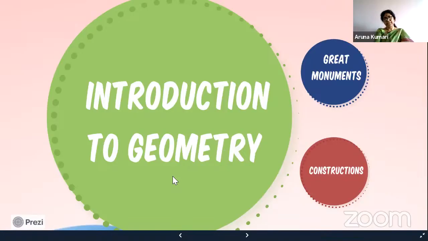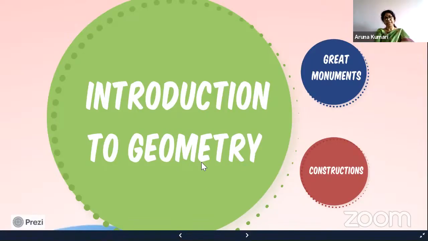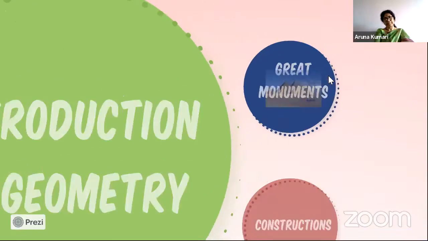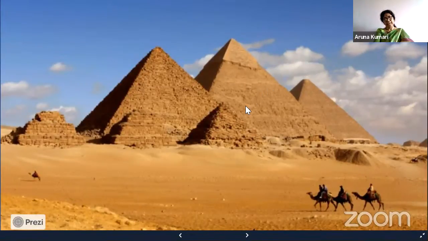Okay, let us watch some historical constructions which are based on, that means they were constructed on the basics of geometry only. First, let us do a recap. See, students, you all know very well what these are. Why?